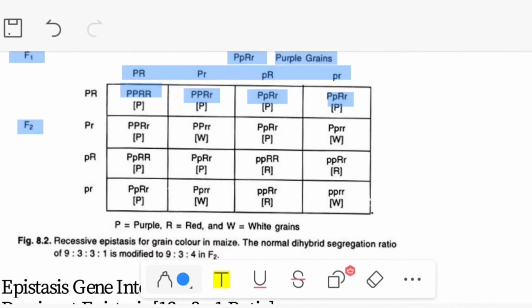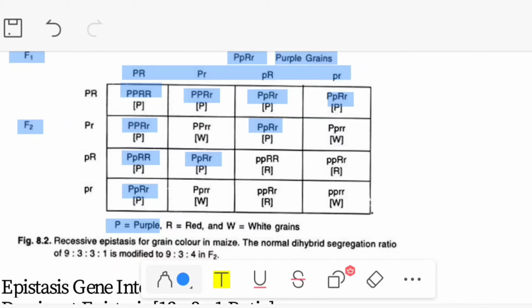I call this the triangular formula, because ultimately, you can observe that these 9 have at least one capital P and at least one capital R in their genotype. So here you will have 9 purple.